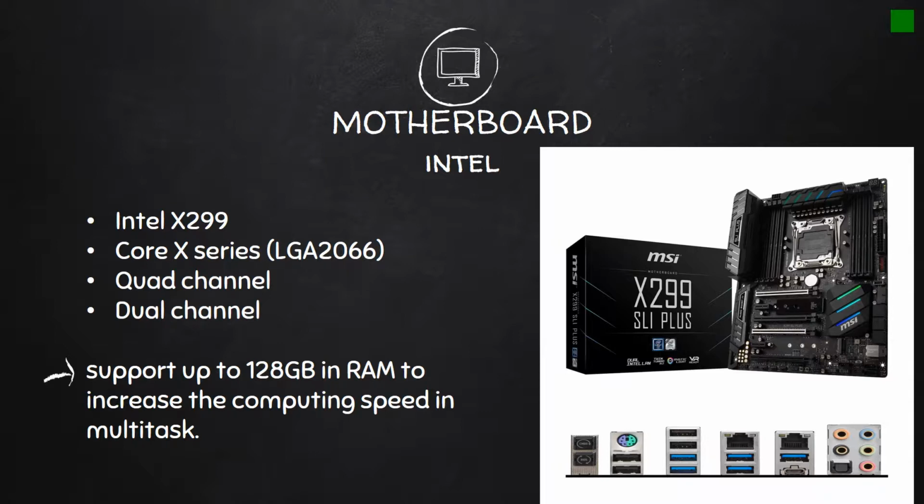Moreover, the two quad channels also provide slots for memory, which means it can support up to 128 GB of RAM to increase the computing speed in multitasking. This is a great advantage for the 3D designer because rendering tasks require a lot of space as well as high processing speed.